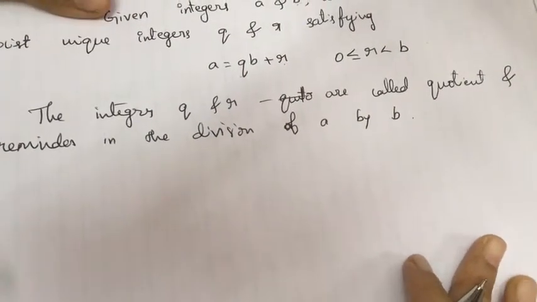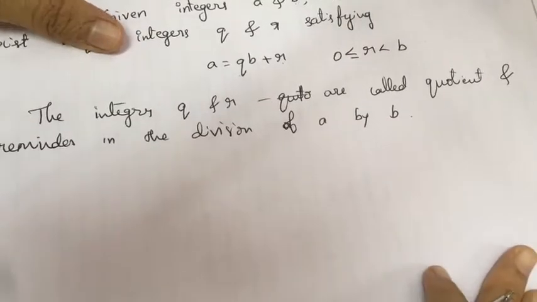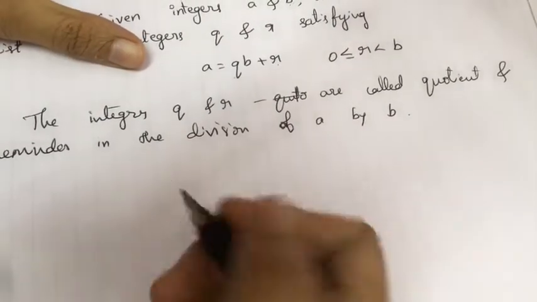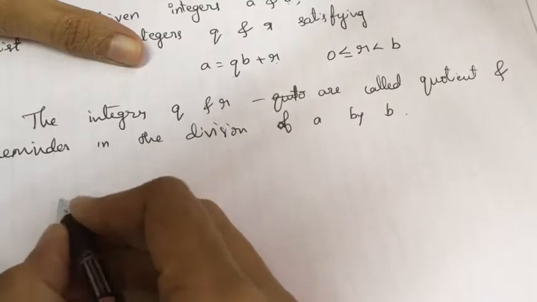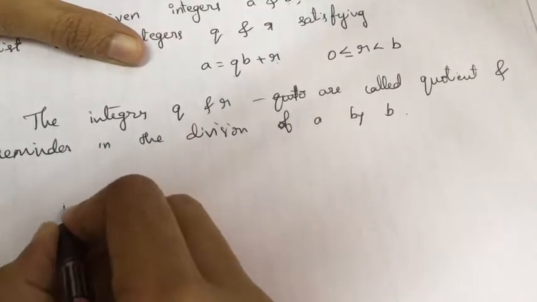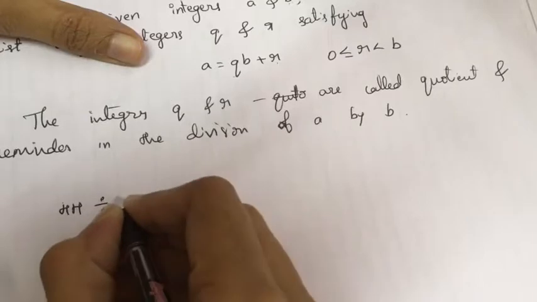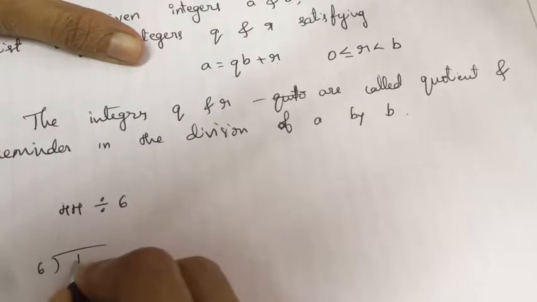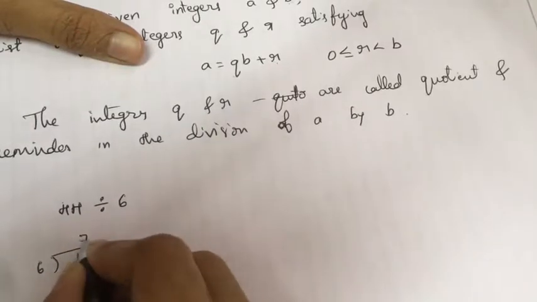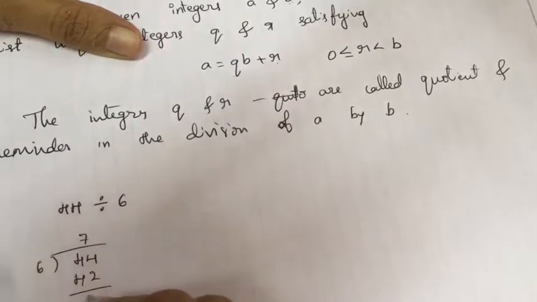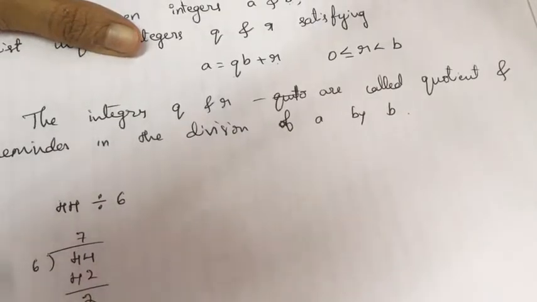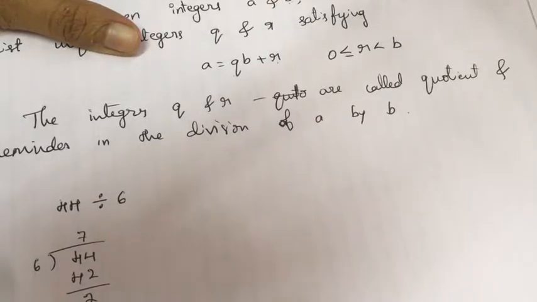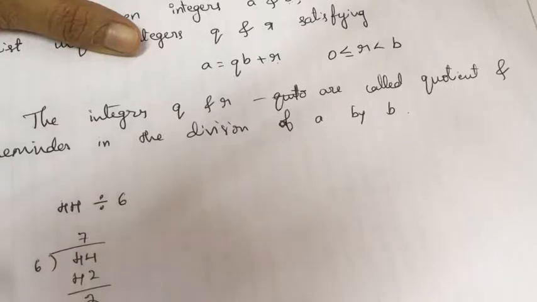Before going to the theoretical proof, let us look at a few problems. Probably you might have come across this type of division, say 44 divided by 6. You do the long division method and find the quotient and the remainder. You write it like this: 44 equals quotient times the divisor plus the remainder.